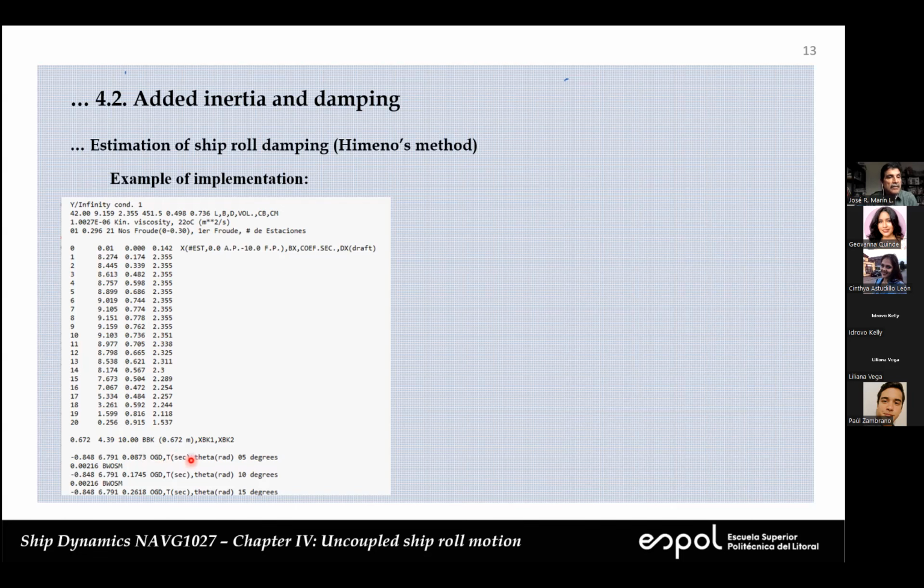This is the period you want to analyze. Remember, period is the inverse of the frequency. This is the angle that you want to analyze. Remember, it is very easy to get into the nonlinear range. In this case, the value 0.073873 corresponds to 5 degrees, in radians.